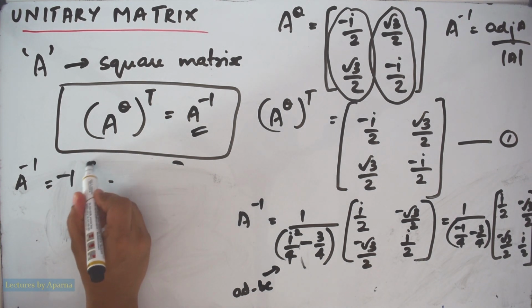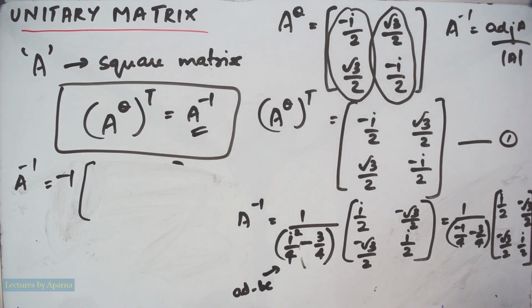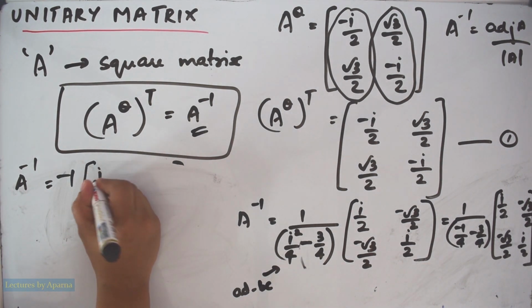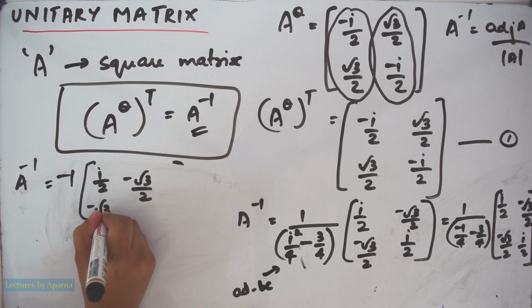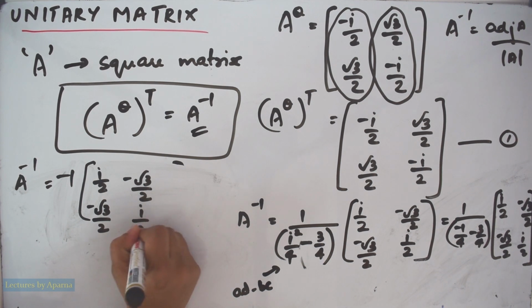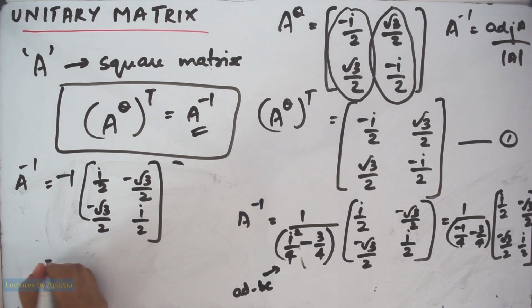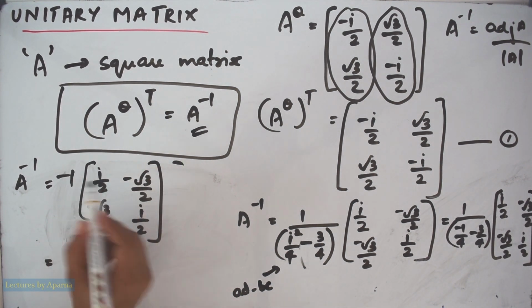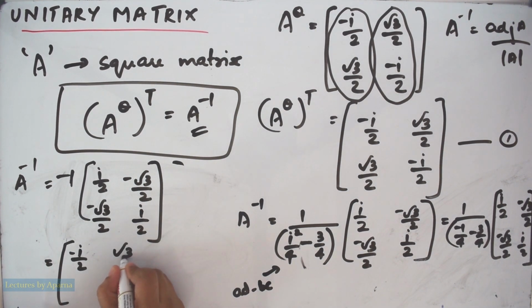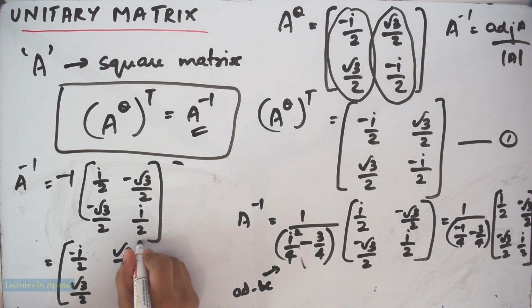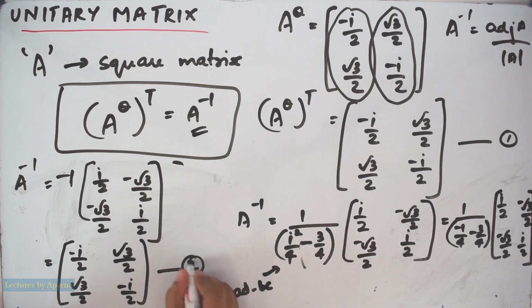Therefore minus 1 into the matrix i by 2, minus root 3 by 2, minus root 3 by 2 and i by 2. Multiplying by minus 1 in each term, it will be minus i by 2, root 3 by 2, root 3 by 2 and minus i by 2. Let this be equation 2.